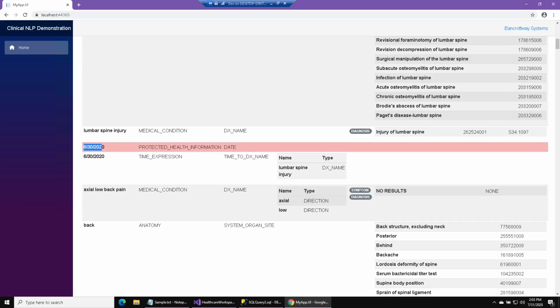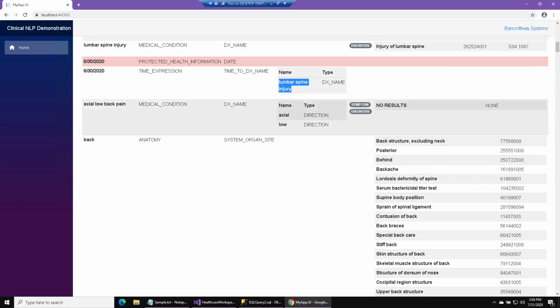Again, the 30th of June is a PHI date, but further, the computer sees that the lumbar spine injury took place on the 30th of June and has flagged it over here. It's able to make relationships between dates and other time events and what they pertain to.